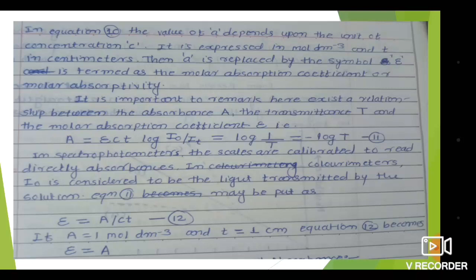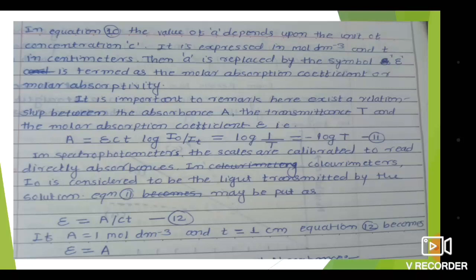In spectrophotometers, the scales are calibrated to read absorbance directly. In colorimeters, I0 is considered to be the light transmitted by the solution. That is, equation 11 may be put as epsilon is equal to A upon CT.